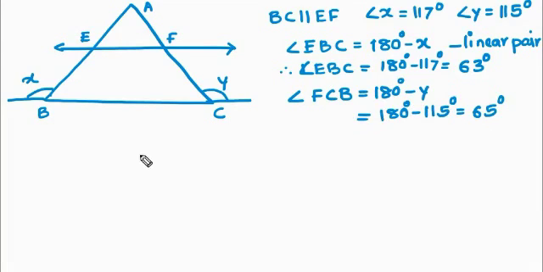Now we know that... the reason is they are corresponding angles. So if you see here, this angle and this angle, they are corresponding angles. And in the same way, this angle and this angle, they are also corresponding angles.